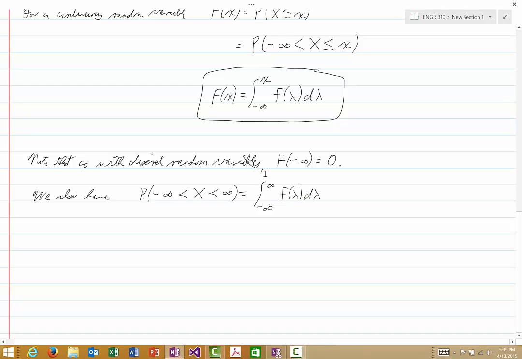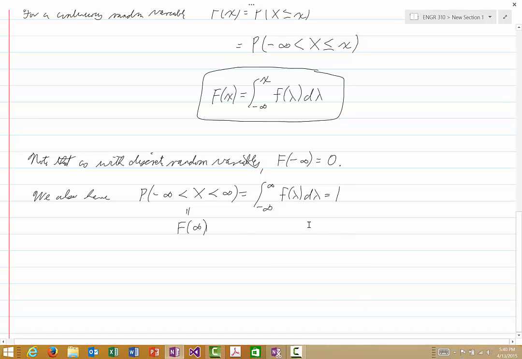And of course, that's the probability that X has some value, which of course is 1. And this is the same thing as capital F of positive infinity. So the cumulative distribution function of positive infinity is equal to 1 for a continuous random variable, just as it was for a discrete random variable.